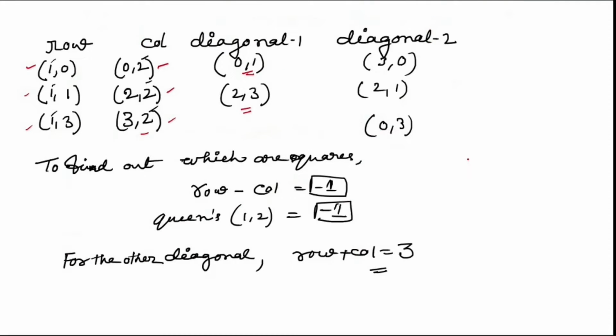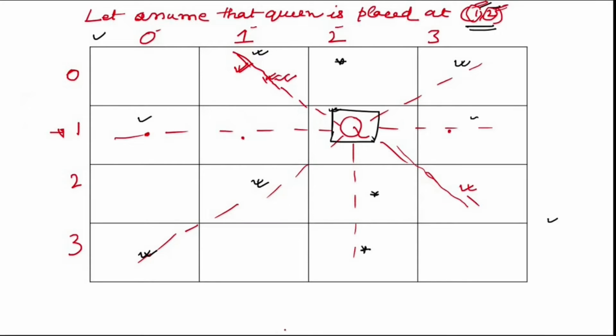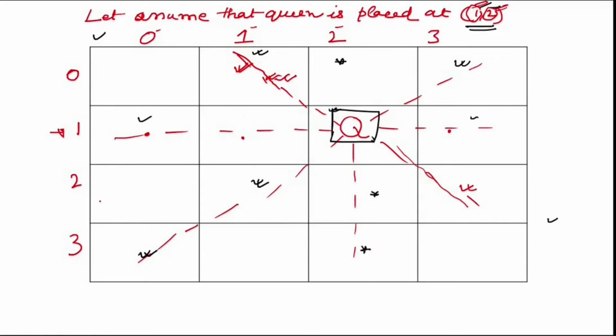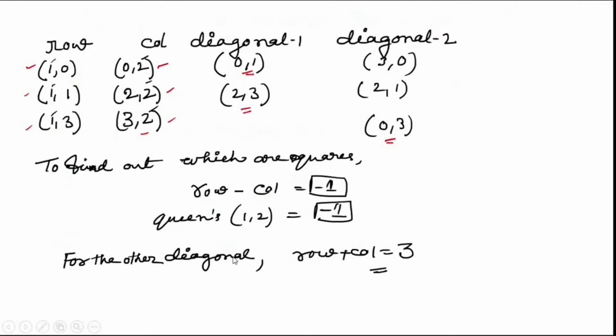And the other diagonal, diagonal 2 we are calling it, should be considered from bottom left to top right. Those guys are 3 0, 2 1 and 0 3. 3 0 means row 3, column 0, this one and this one. These 3 fellows also will be under threat or under attack. So these are the options we have.